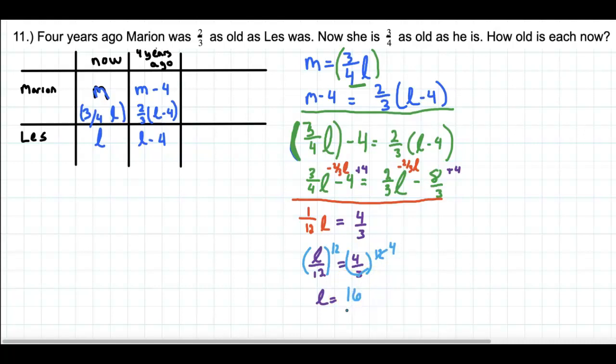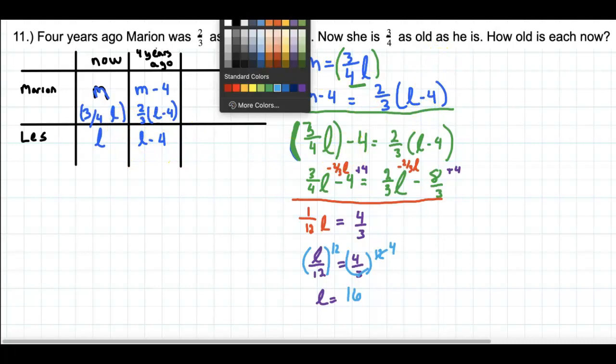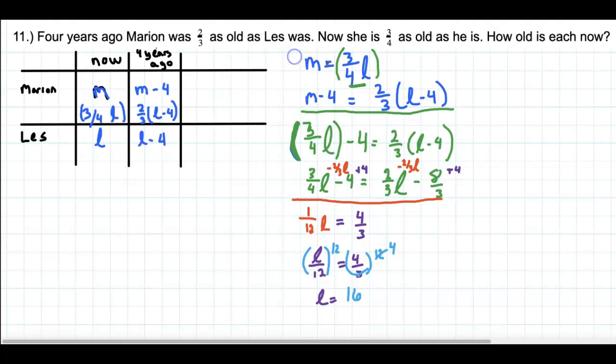Okay, so that means that currently, because that's right now, Les is 16. And then what would be 3/4 of 16? So, last color here. So we're going to say that M is equal to 3/4 of 16.